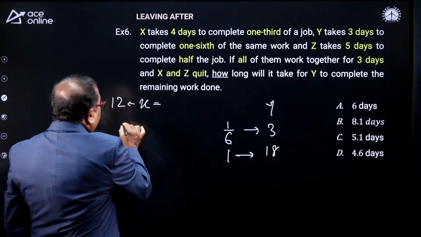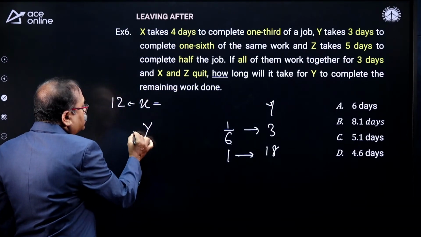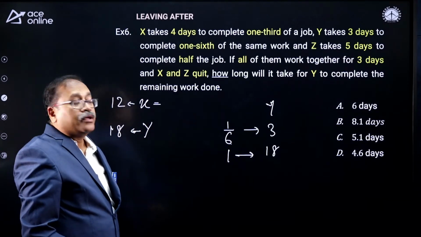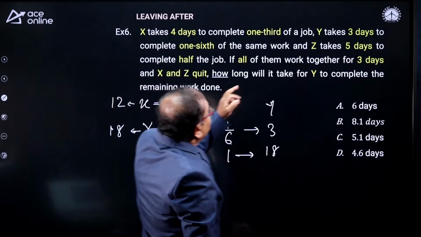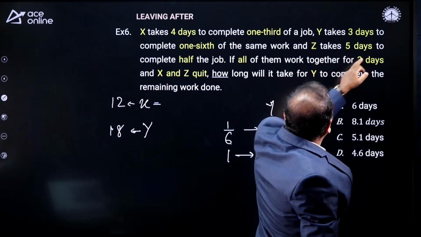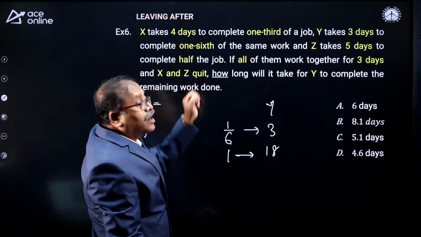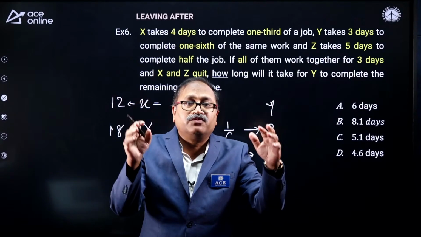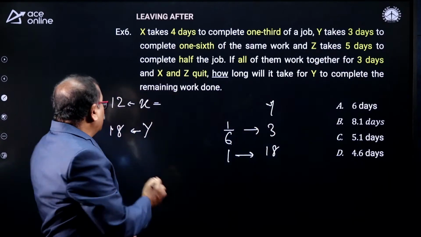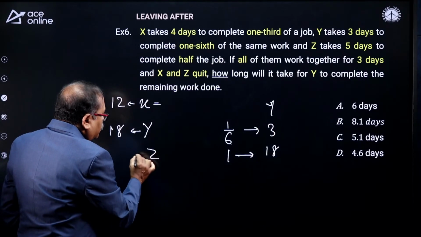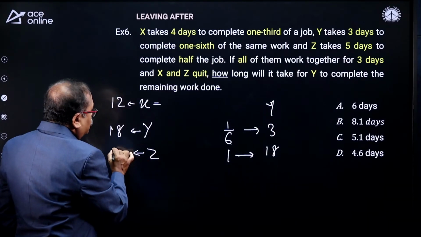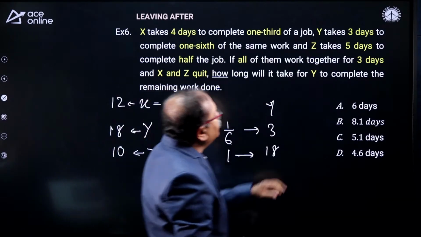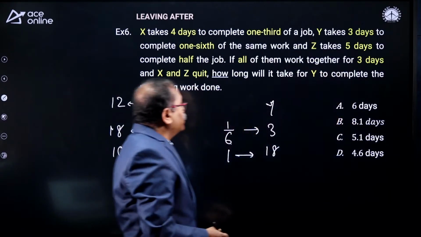In other words, Y completes the work in 18 days. And the next one, Z takes 5 days to complete half of the work. So if half of the work in 5 days, then 1 work in 10 days. So Z completes the work in 10 days.